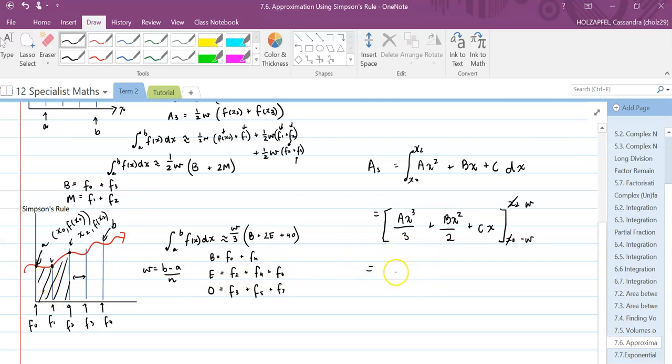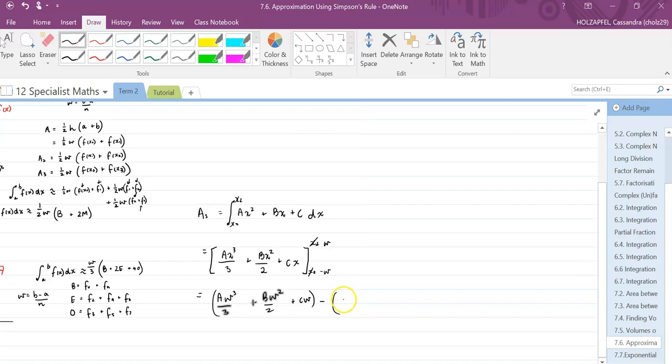So substituting those values in now, we're going to get aw cubed over 3 plus bw squared over 2 plus cw, take away, I'm running out of space here again already. One second. That's going to be equal to negative aw cubed over 3 plus bw squared over 2, minus cw. I'm just substituting in negative w into these functions.